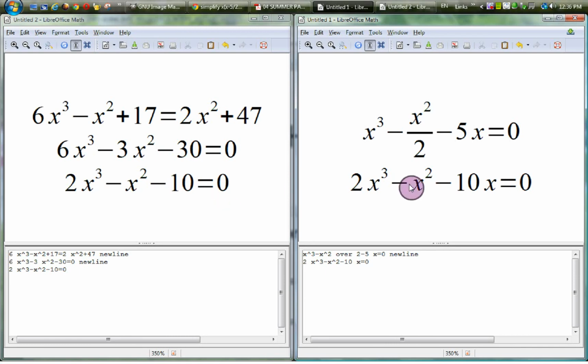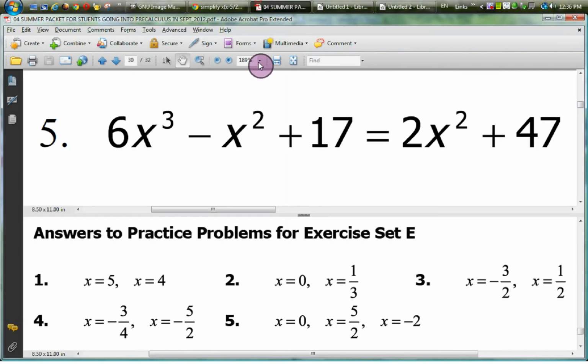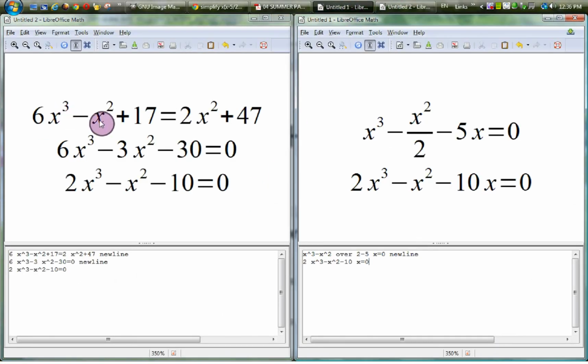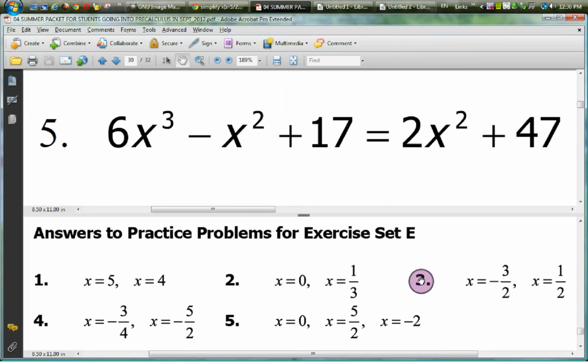Oh! Now if you take this and solve it, you will in fact get the answers that are written in the answer key here on page 30. Unfortunately, when you solve the problem that they give you, you don't get this.